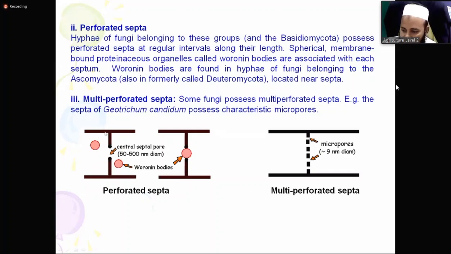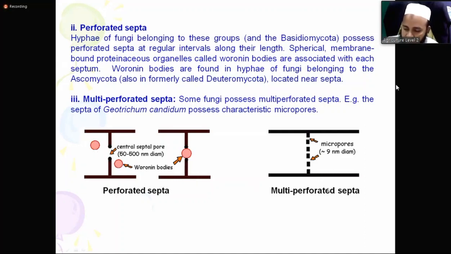Woronin bodies are spherical, round, membrane-bound, proteinaceous organelles. And fungi control their protoplasm movement from one cell to another by using these Woronin bodies.